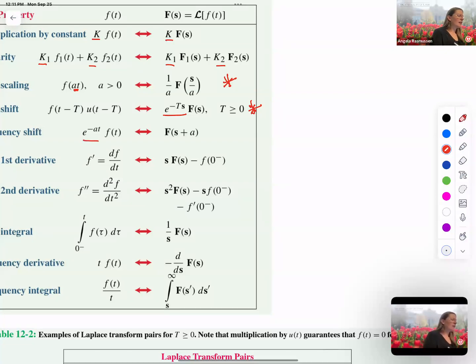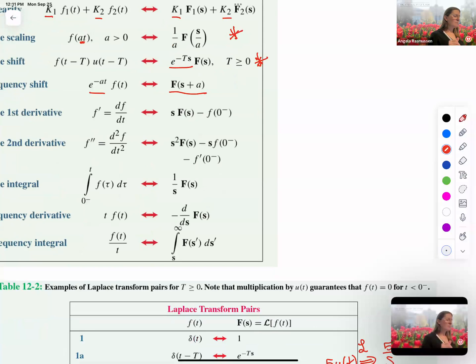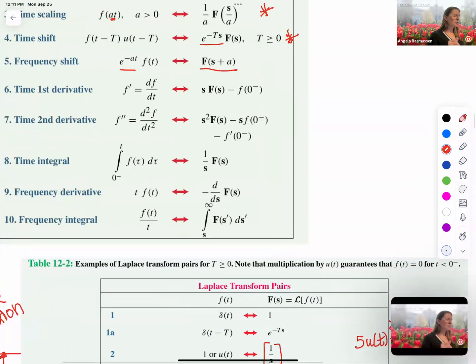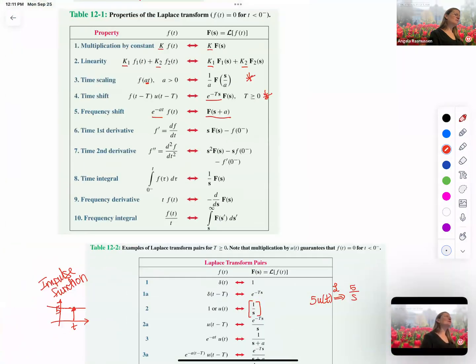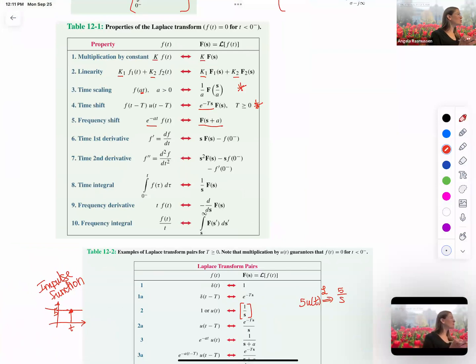If I have an exponential in the time domain, that translates to an s shift in the s domain. These are the most common ones that you're going to see. There's also the derivatives, but for the most part, you're not going to see those here. But you'll get into those in the future. So just be aware of the properties of the Laplace transform. Note these, and then the Laplace transform pairs.